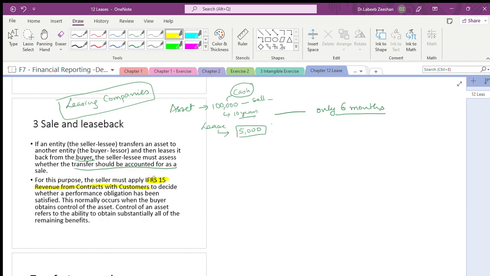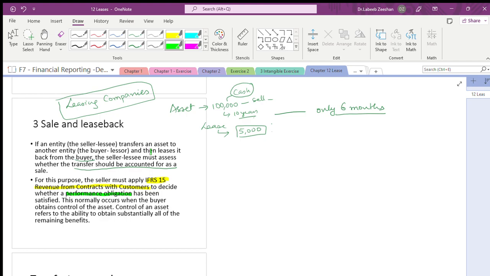Yesterday we experienced that if we know these rules, we can make the multiple choice questions easy. What IFRS 15 says is whether a performance obligation is satisfied. It should generate revenue from that asset.